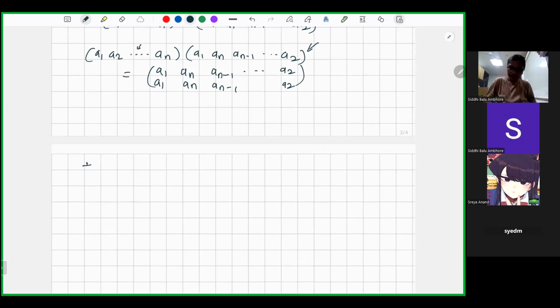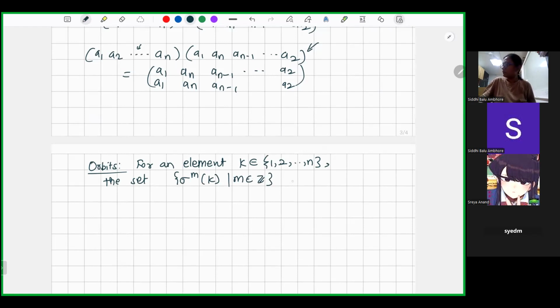For an element k in 1 to n, the set sigma^m(k) such that m in Z is called the orbit of that element.